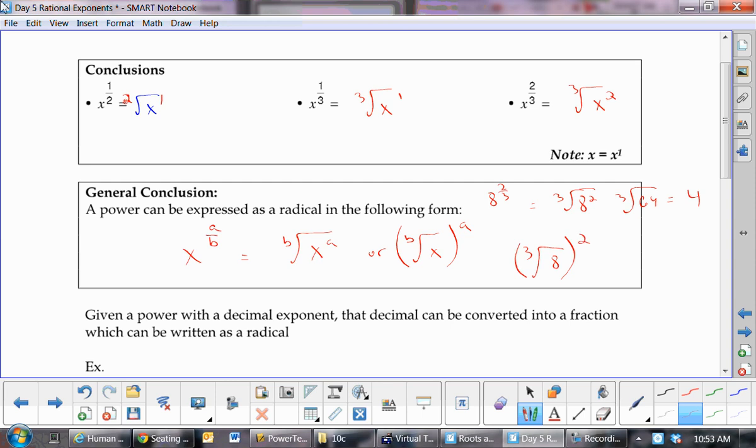What's the cube root of 8? 2 squared, which equals 4. So sometimes it's easier to cube root it, I should say, and then square it. You'll actually be working with smaller numbers. Sometimes it may be easier to square it first and then cube it. They will both work. They will always both work.